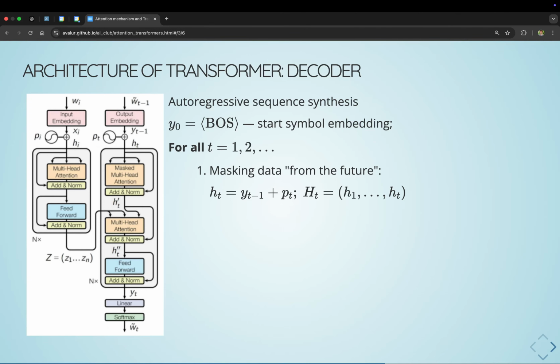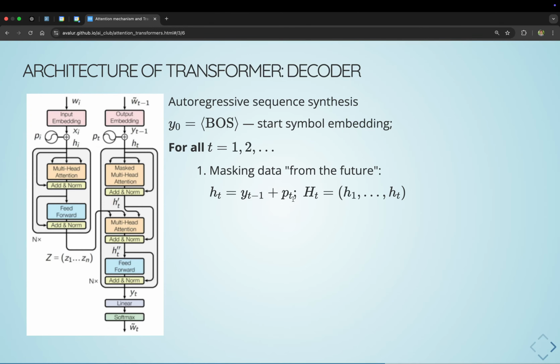And now we are ready to go through the second part of the transformer. Here it is, the decoder. The structure of the decoder is very similar to the encoder. You see on the picture, again, multi-head attention blocks, skip connections, and feed forward on the top of the block. The only difference between decoder and encoder is that in the decoder we need to mask data from the future.